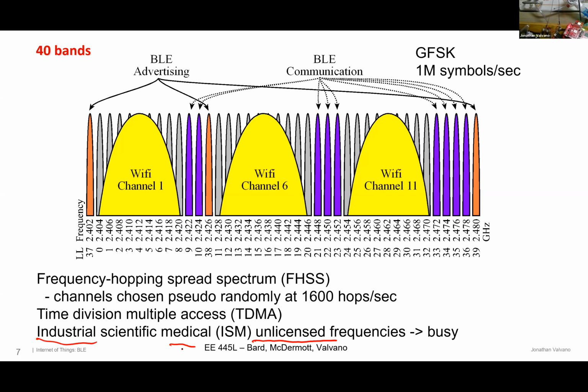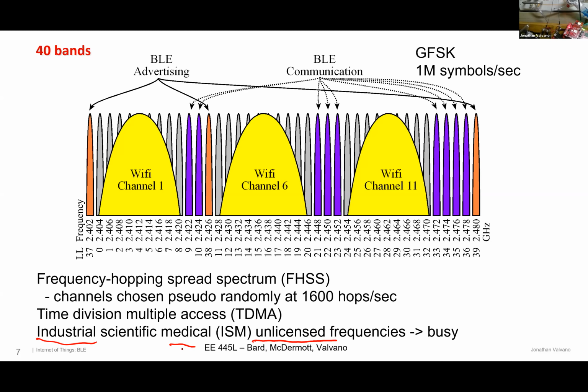The problem is it's very busy, so there's a whole bunch of techniques to exist in this crowded space, and that is to have channels. This particular slide shows you how to coexist with other BLE devices.